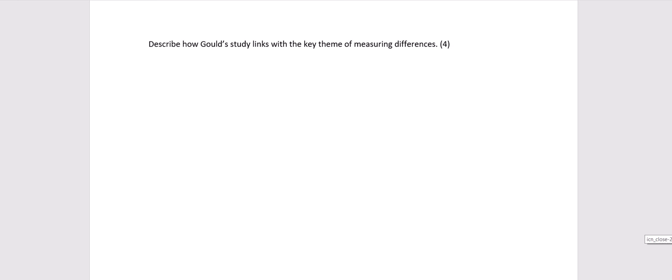answer out. So the question is, describe how Gould's study links with the key theme of measuring differences, and it's for 4 marks. So because it's about Gould's study, not Yerkes's, then you need to make it clear that you're talking about the review article, okay, not the initial testing of intelligence.